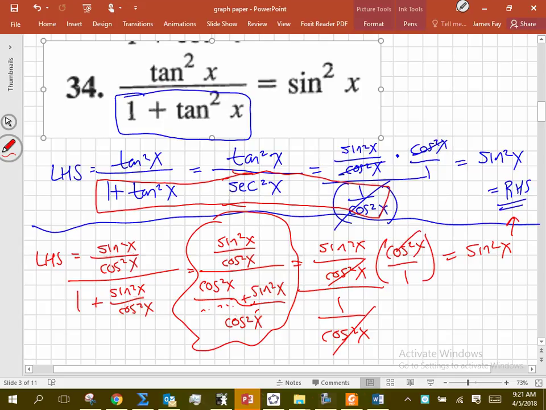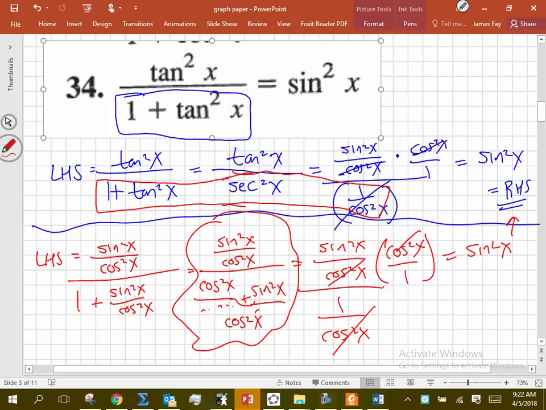That hopefully sheds light on, or opens your eyes to, the fact that if you forget an identity, which happens, I forget a lot of them, or I mess them up, because there are so many, it makes sense that somebody's going to mess them up at some point, right? There are so many of them that are very similar that you might just mess up a plus sign or a minus sign somewhere.